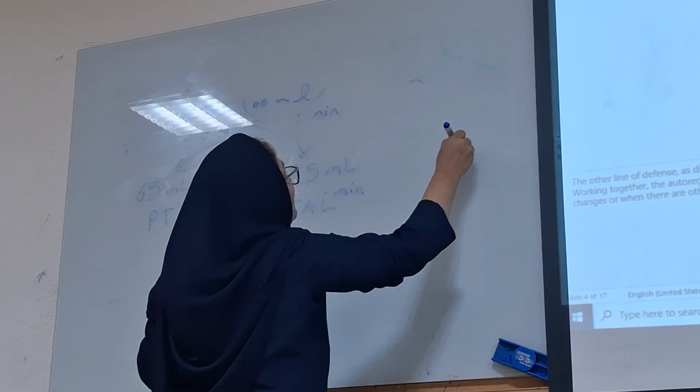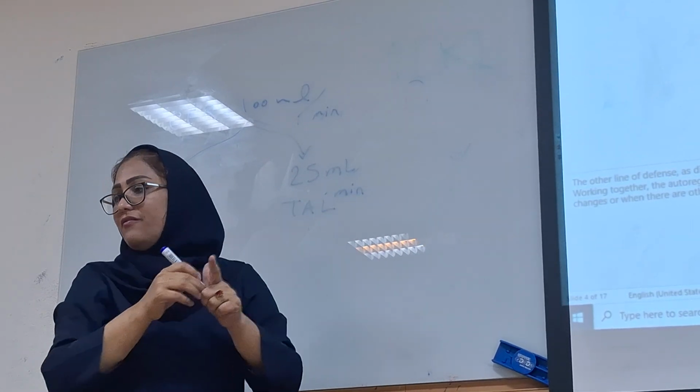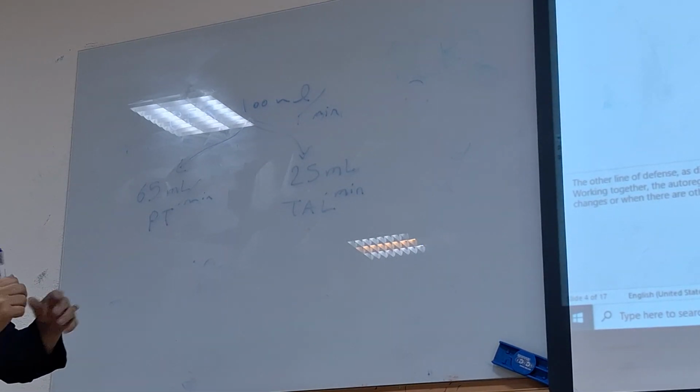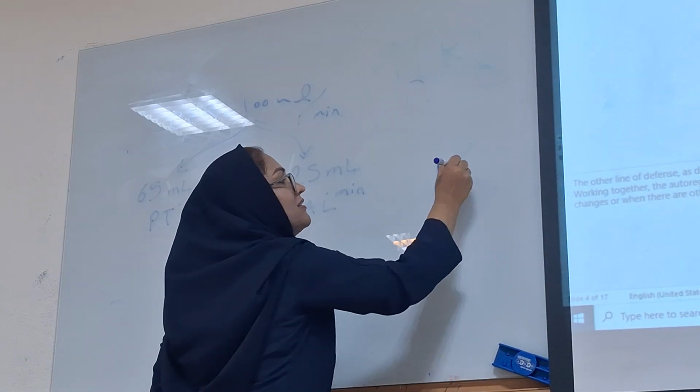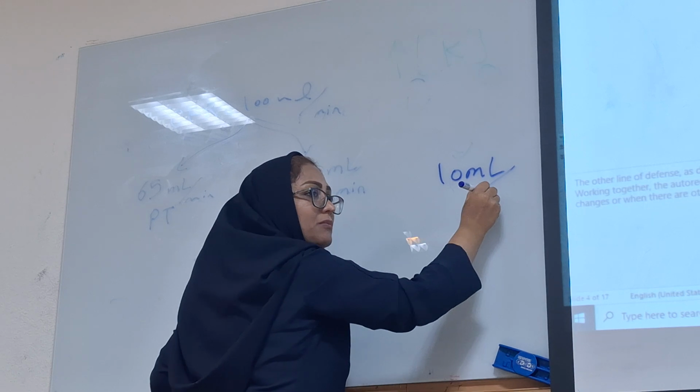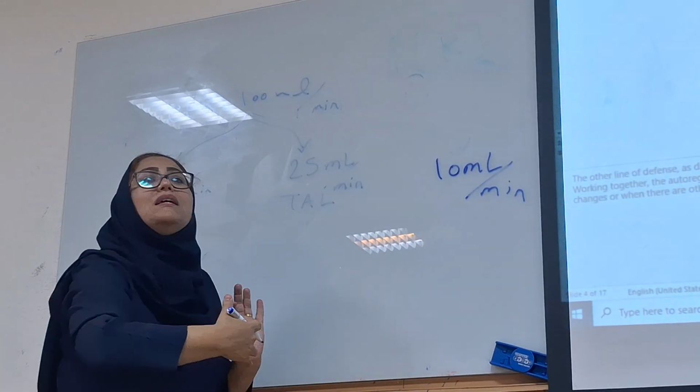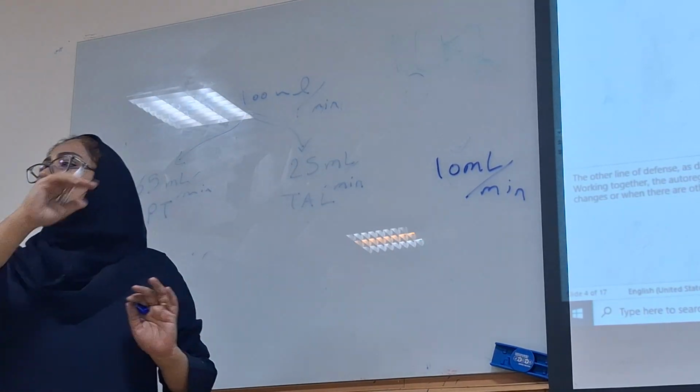How much is delivered to the last parts of the nephron? 10%, yes, 10 milliliter per minute is delivered to the late parts of the nephron.